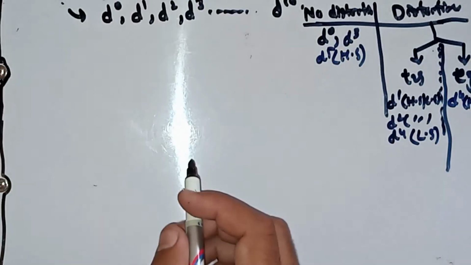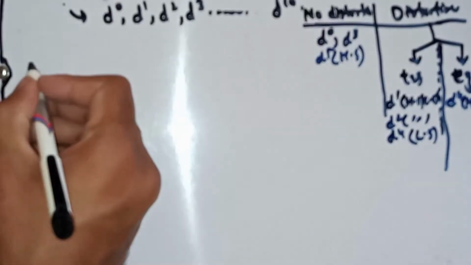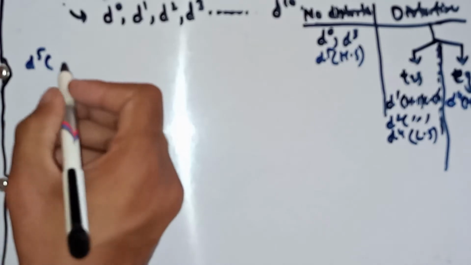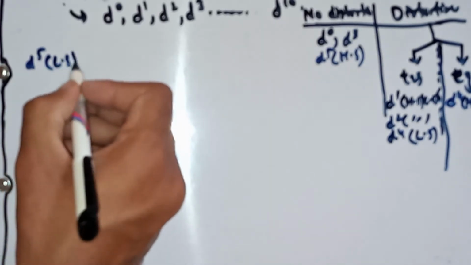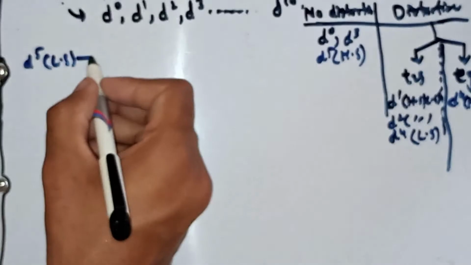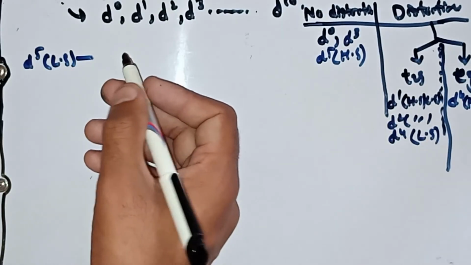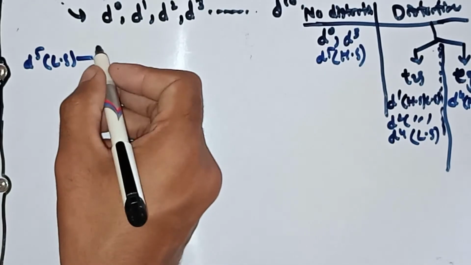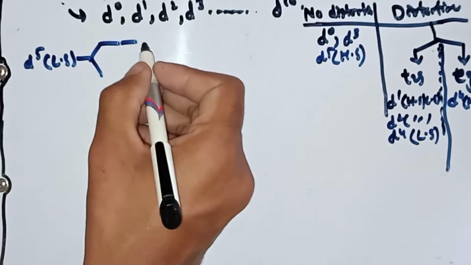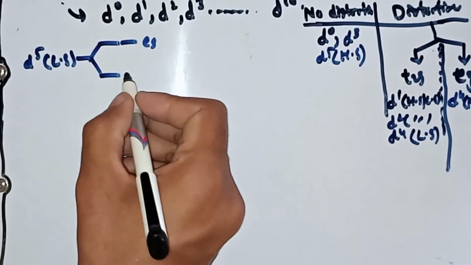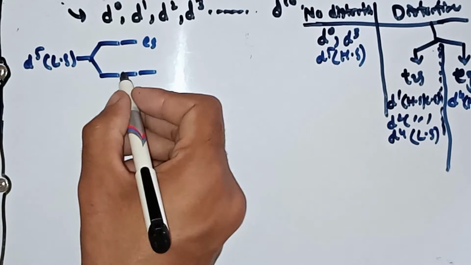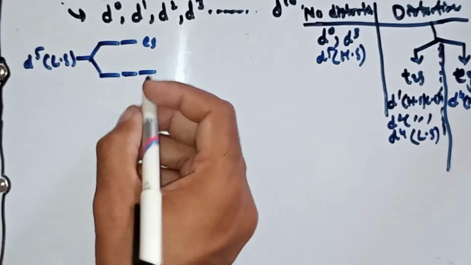So let's start D5 system for low spin complex. What will happen? It will be against Hund's rule. That is the Eg orbital, that is the T2g orbital.